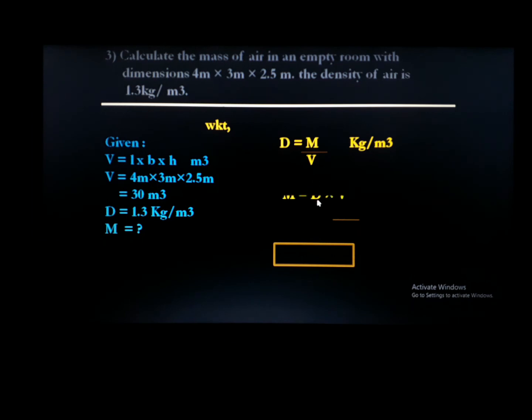Then rearrange the formula, we get mass is equal to density into volume. By substituting the values, we get 39. And for the unit, meter cube and meter cube will cancel each other. So the unit becomes kg. So we found the answer, mass is equal to 39 kg.